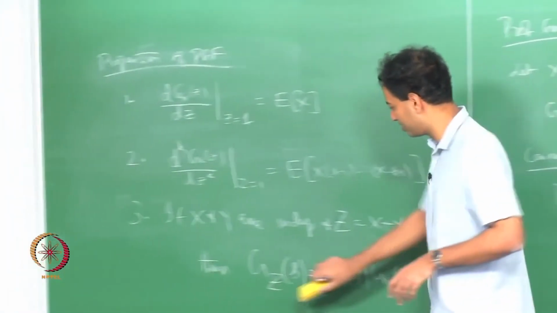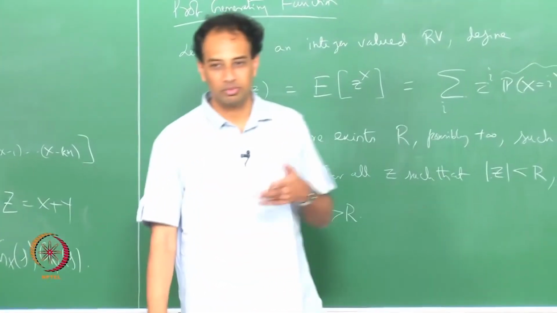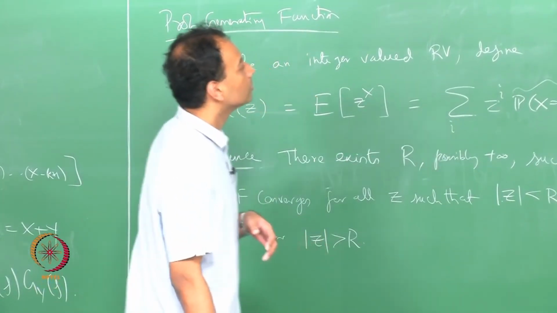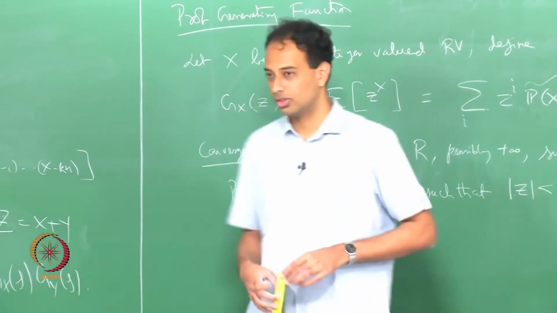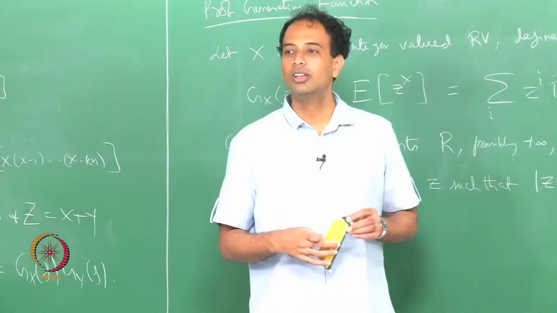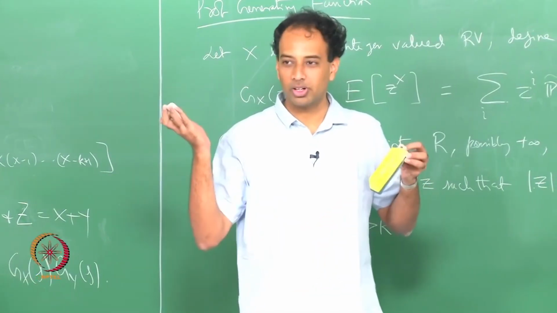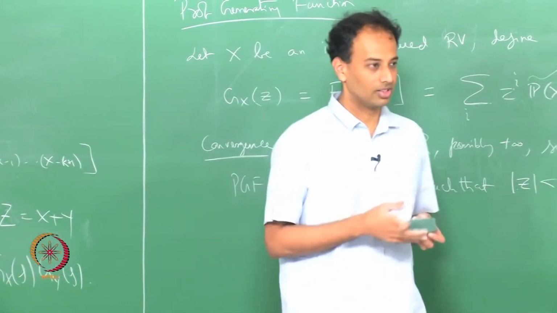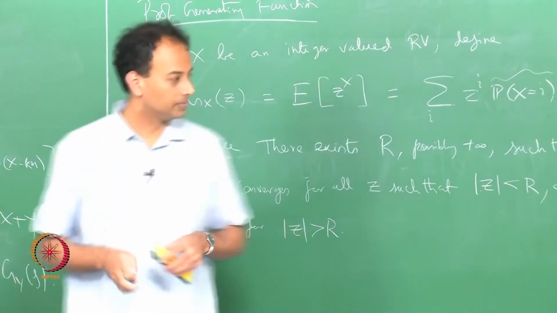And obviously this extends to n independent random variables also, you just multiply the PGFs. So if you want to find the PGF of a binomial random variable, you can take the nth power of the Bernoulli PGF, because a binomial is a sum of Bernoullis.